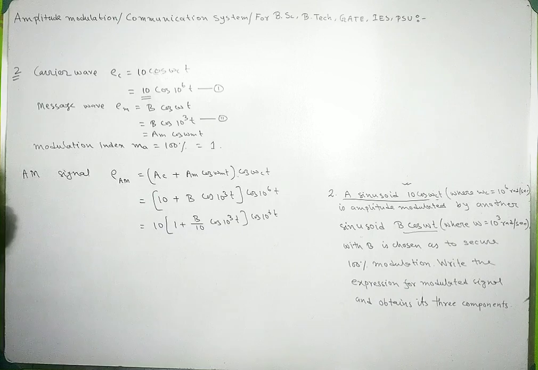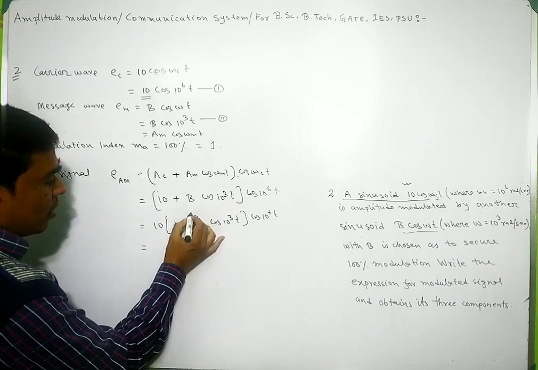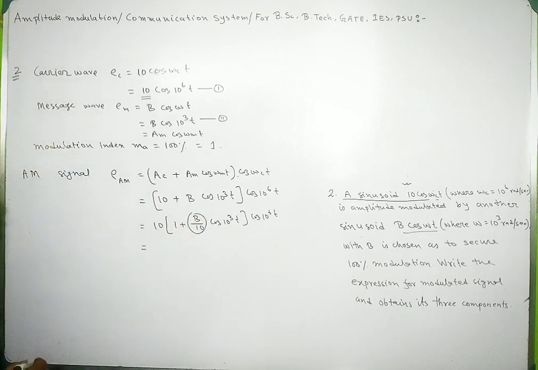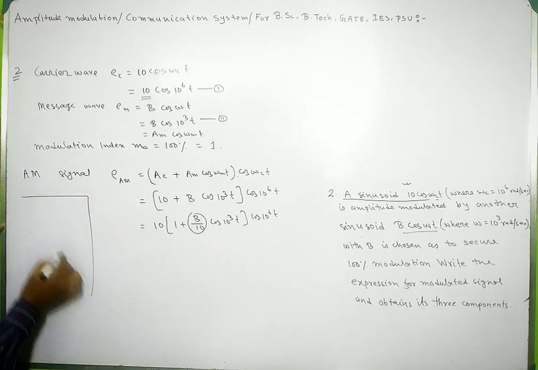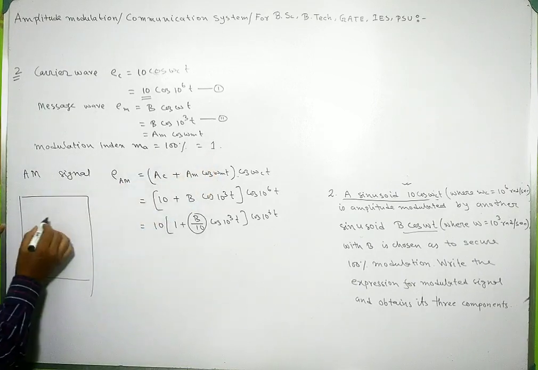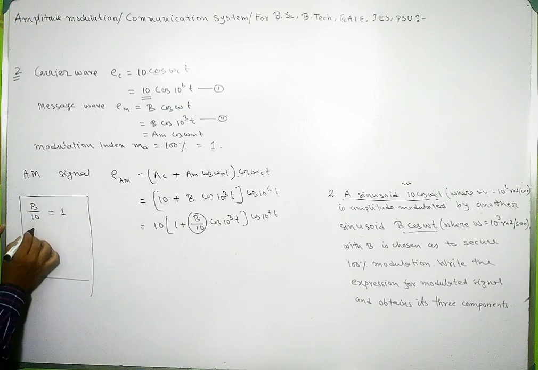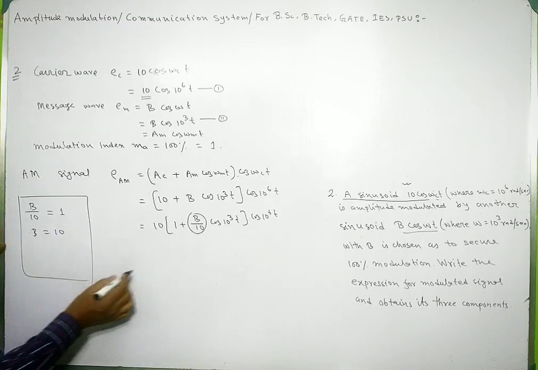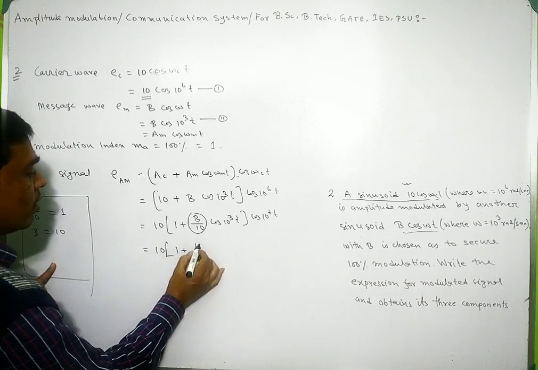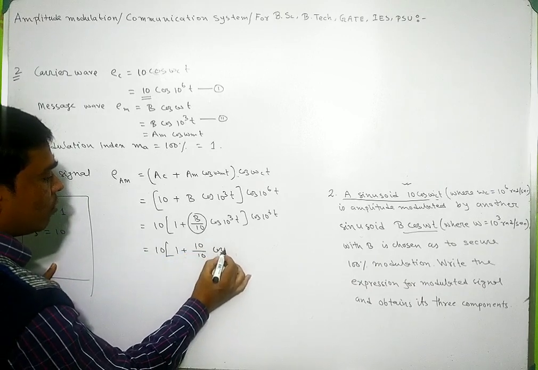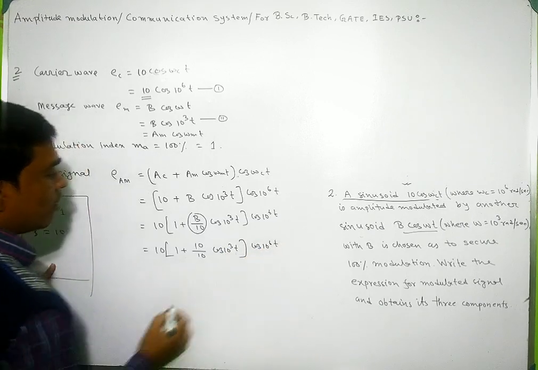Okay, now this is nothing but the modulation index. The modulation index is given by 1, so b by 10 must be equal to 1, so the value of b must be 10. So if I put this value, then it will be 10 into 1 plus 10 by 10 cos 10 to the power 3t into cos 10 to the power 6t.